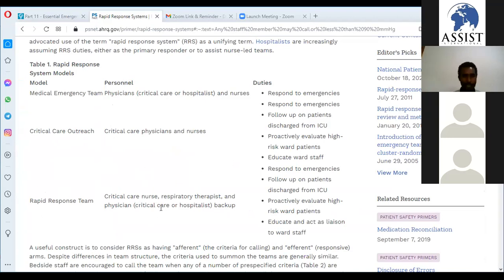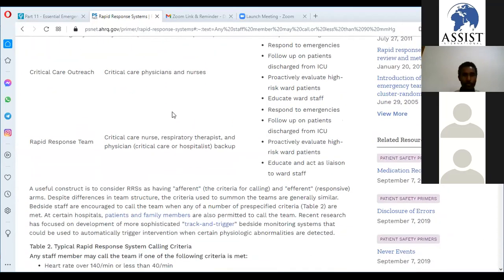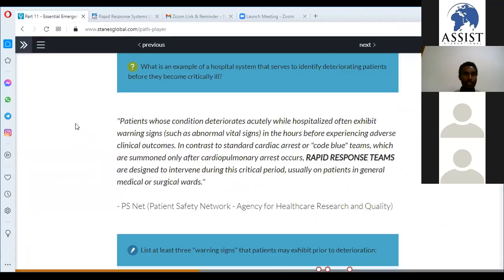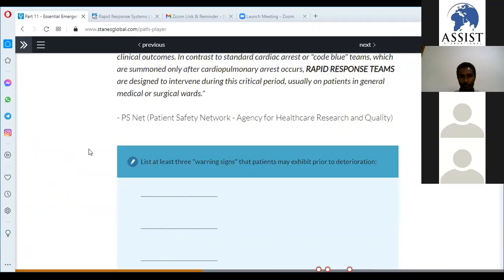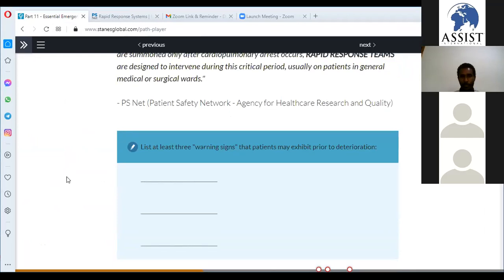The respiratory therapists also can be included in the team. So in your hospital, you have a physician, you have a nurse, so you can at least establish these rapid response teams in your hospital. So yes, we have said the warning signs ahead of that.